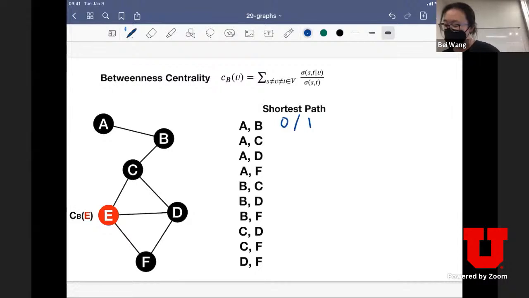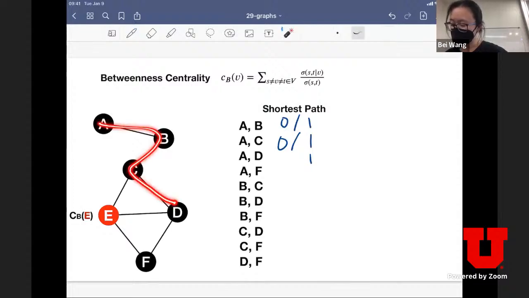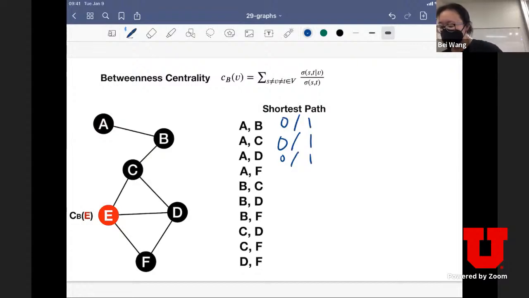The number of shortest paths between A and C is 1, but this shortest path also does not pass through E, so it's 0 that contain E. Same thing, how many shortest paths are there between A and D? It's 1, right? It's basically here, and it does not pass through E. So again, it's 0.